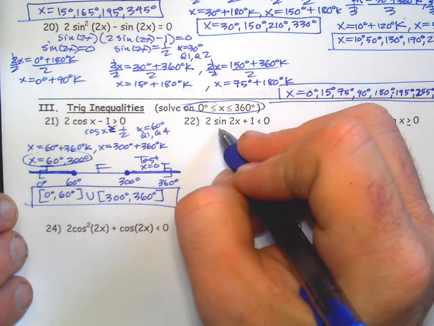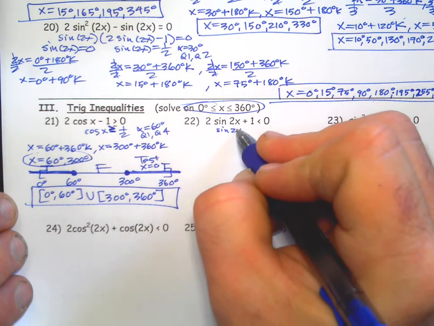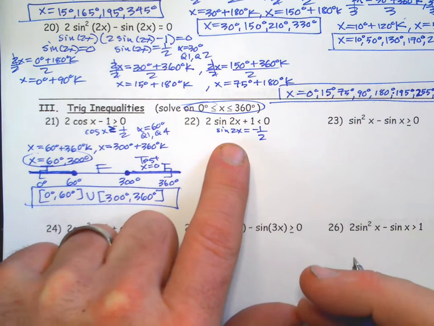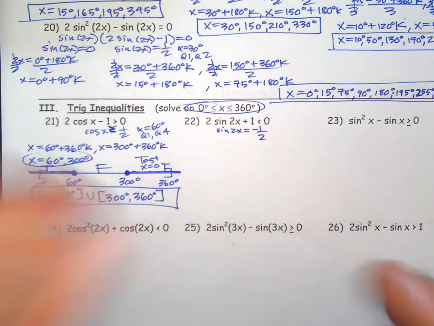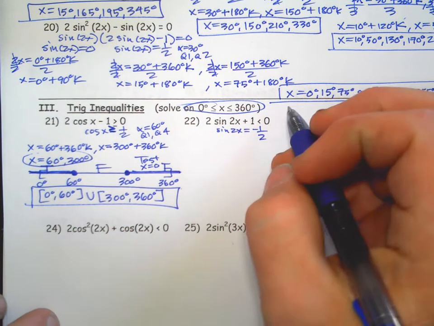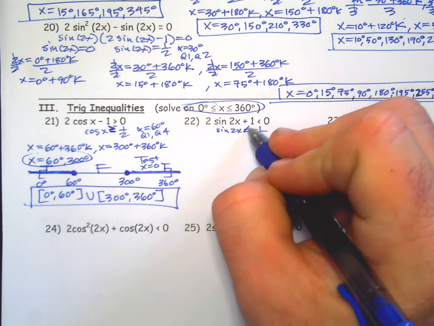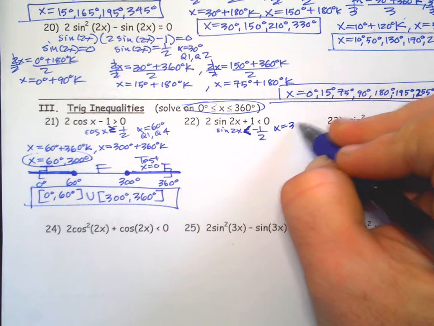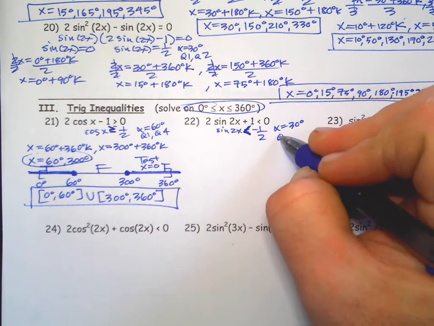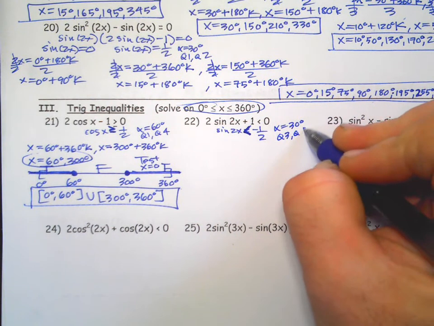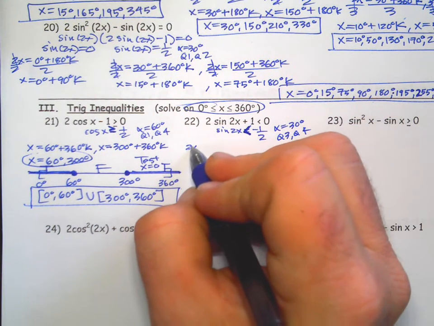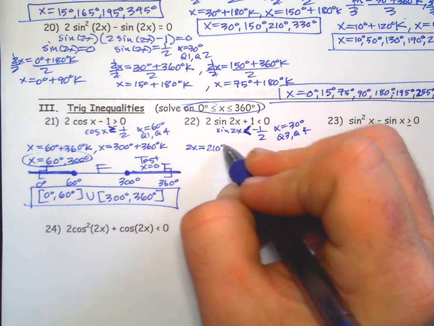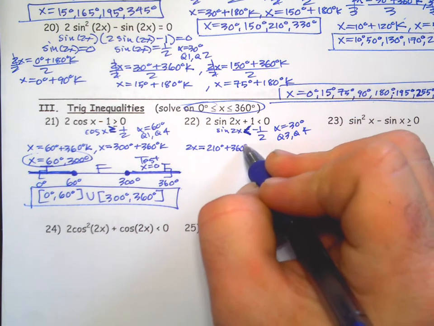So here, sine 2x. Now the thing to watch out for on these trig ones is when sine or cosine, once you isolate them like this, if they equal plus or minus 1, those are going to be bounces off the graph. You got to not forget about it. Now I shouldn't say equals, I should say less than. So alpha equals 30 degrees, reference angle, quadrants 3 and 4 because it's negative. So 2x equals quadrant 3 would be 180 plus alpha, 210 plus 360k.